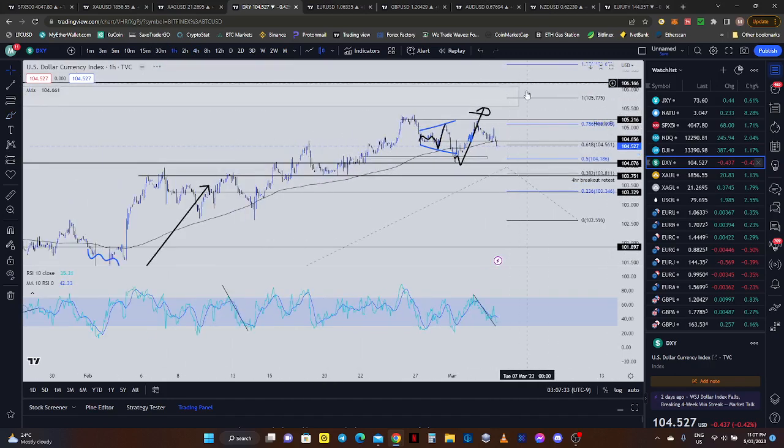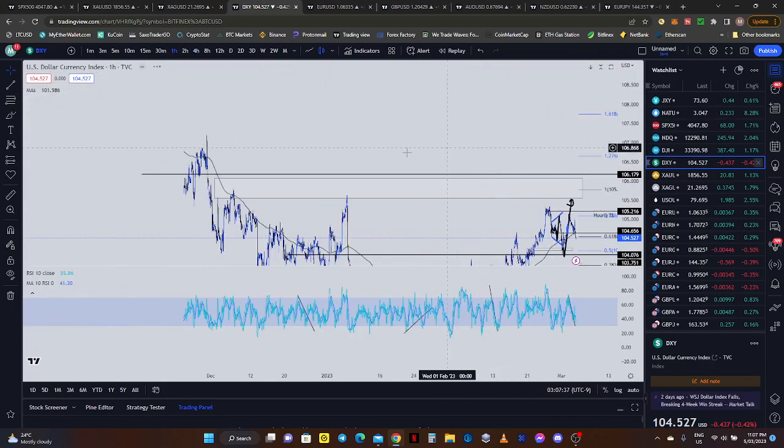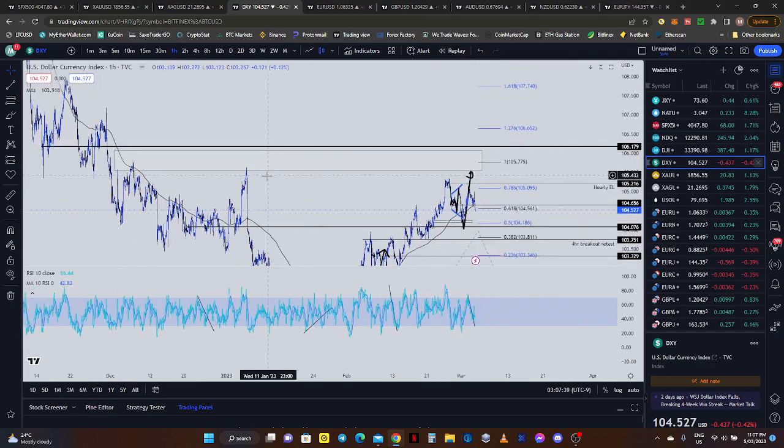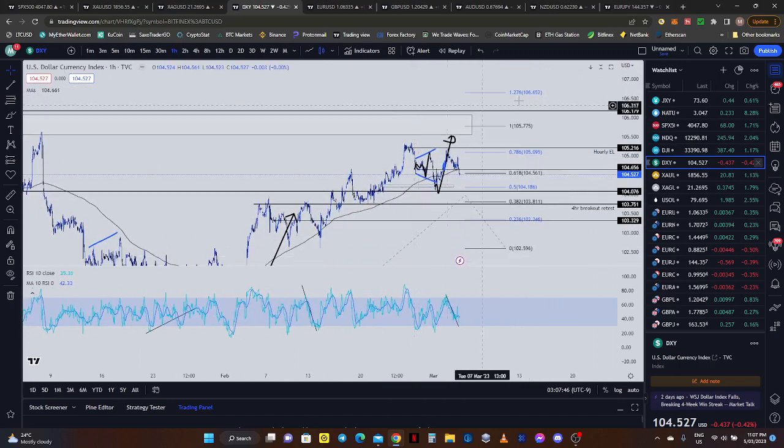Yeah, 106,179 there. All right. Take out these two tops, head up there, bit of supply through there, and the form EL, and in between the 1-to-1 and the 127. So I'm looking at going there, and then we can get that bigger correction going on, whatever that may present like.